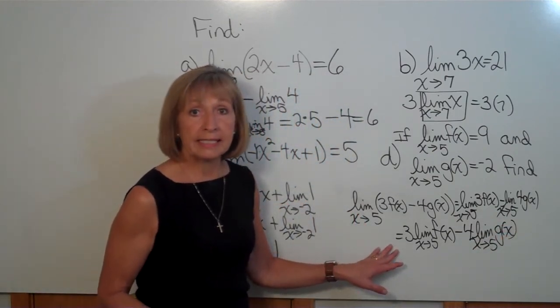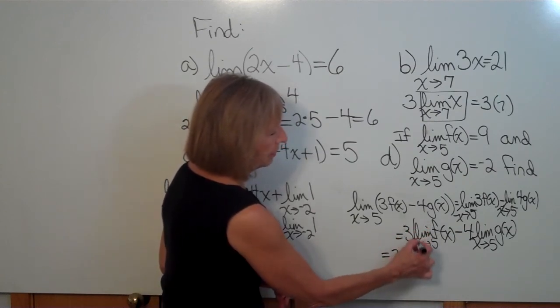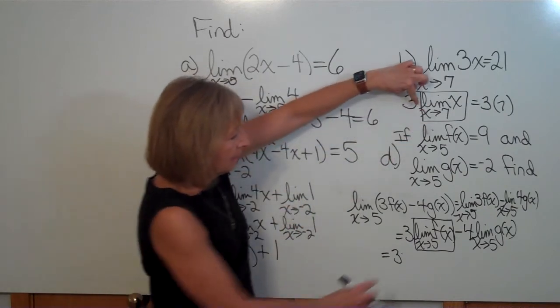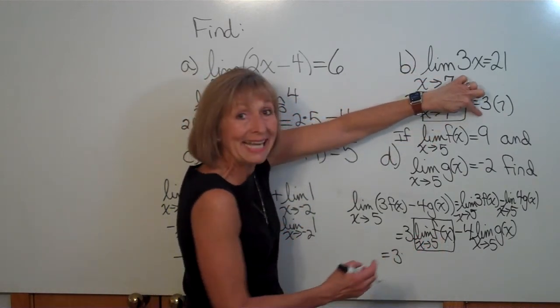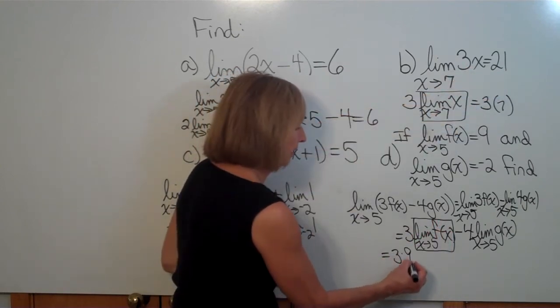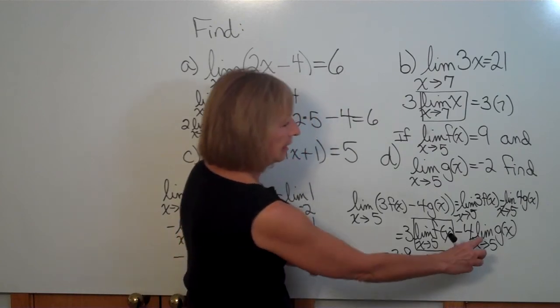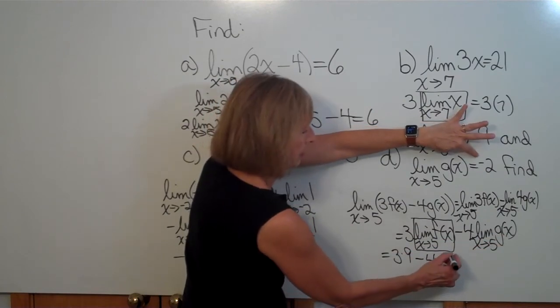And now I go look and see if I know what these limits are. What's 3 times? Well, the limit as x approaches 5 of f of x, in the setup of the problem, they told me the limit as x approaches 5 of f of x is 9. So that entire notation comes out and a 9 goes in. Minus 4 times the limit as x approaches 5 of g of x is negative 2.